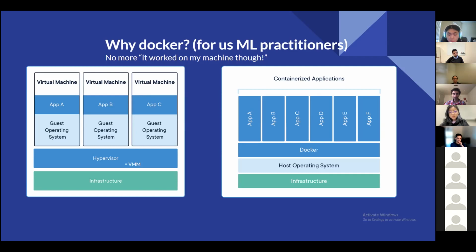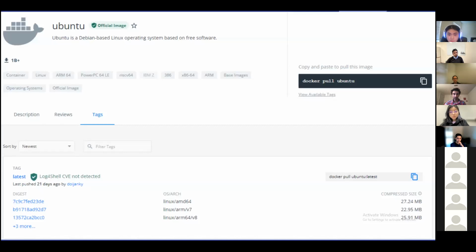And it doesn't require adding an OS in a container either. We can take a look at one example of an Ubuntu image of a Docker. If we were using a VM, it would take far more than 25 megabytes. So this is how powerful Docker is.